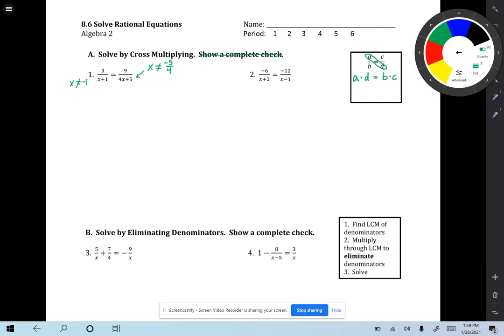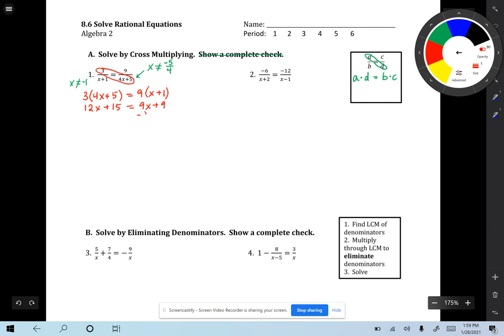So I'm just going to circle one of the cross products. Do you even have to? No, not really, but I'm going to. So 3 times 4x plus 5 is equal to 9 times x plus 1. Multiplying out the left side using the distributive property, 12x plus 15 equals 9x plus 9.